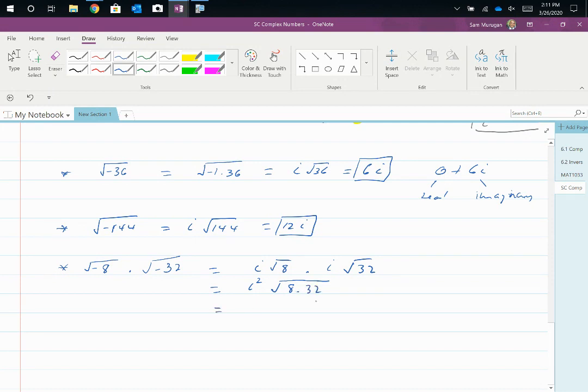So i squared is equal to -1. So this is -1 times the square root of 256, which is 16, so -1 times 16, or solution -16.